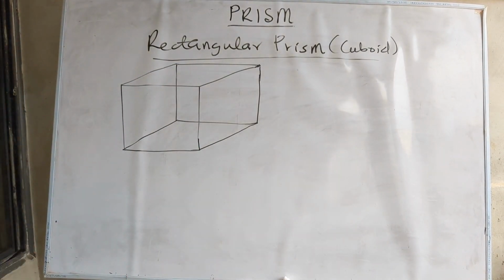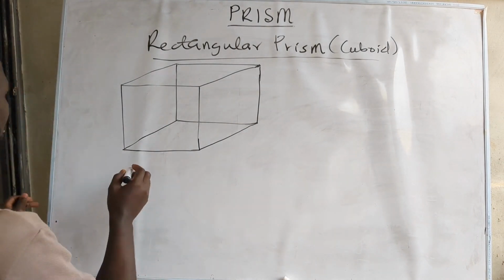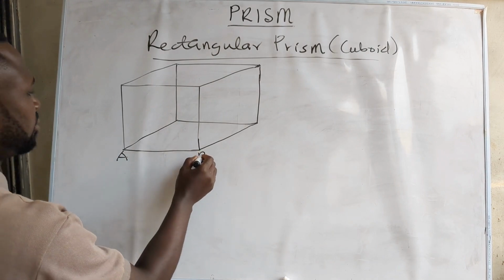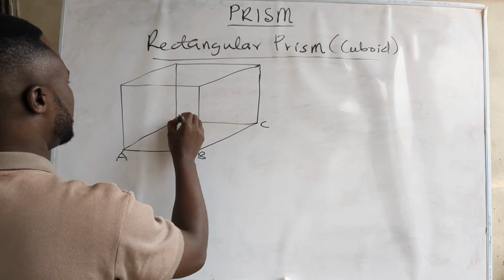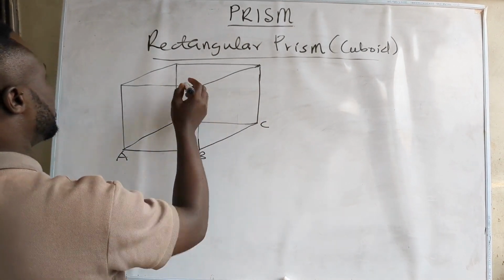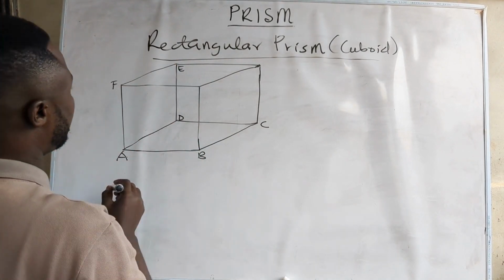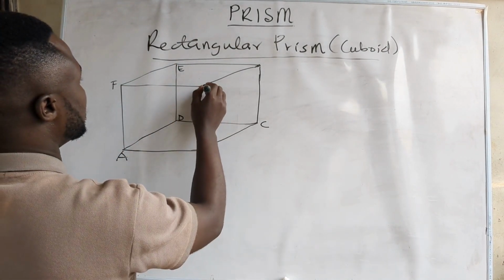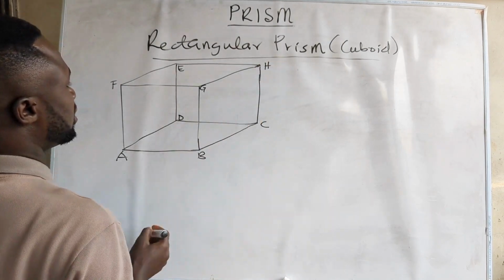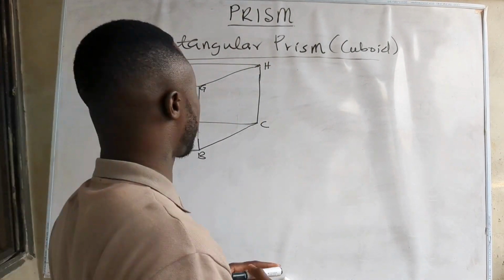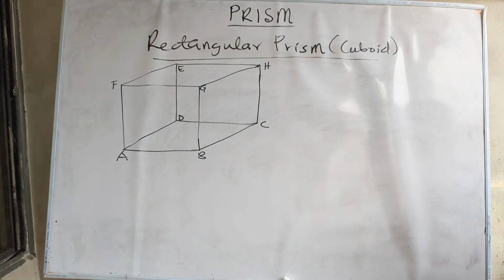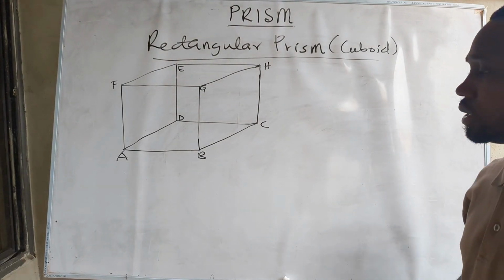Okay, so this is how our cuboid is. So let's label the vertices A, B, C, D, E, F, G, H. So this is how a keyboard looks like.